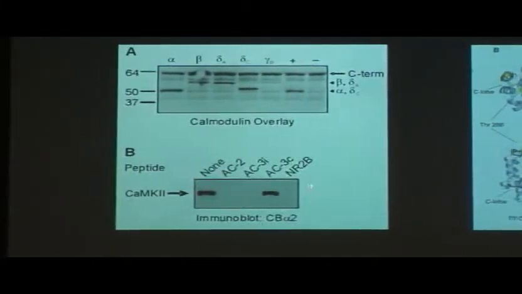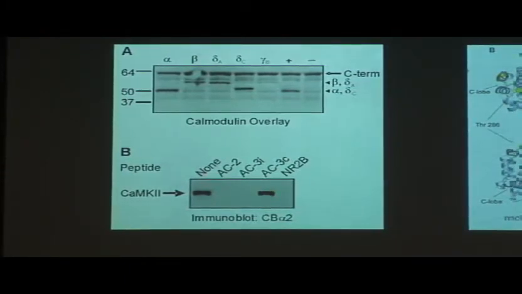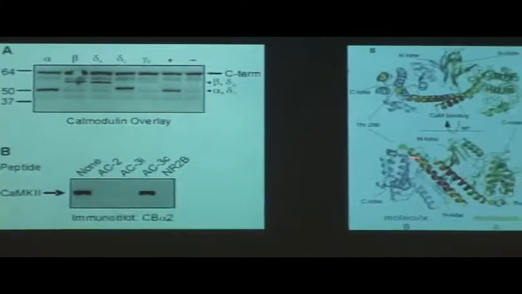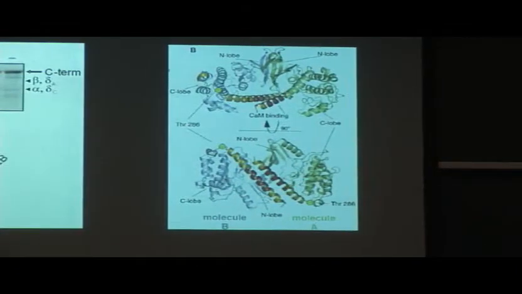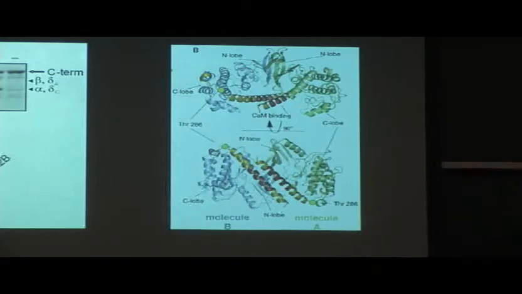So here's no peptide, here's a control peptide, and you can see that 2 peptides that essentially mimic the autoinhibitory domain, or a peptide that's based on the NR2B subunit of the NMDA receptor, which also mimics that autoinhibitory domain, block this interaction. Now here's the autoinhibitory domain right here, so it suggests that the channel is binding somewhere in this pocket, close to the active site of the kinase, because peptides that essentially mimic this autoinhibitory peptide block that interaction.